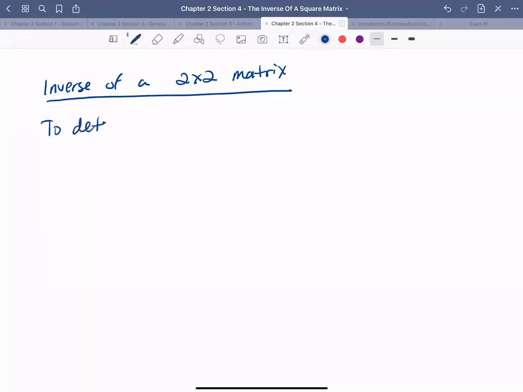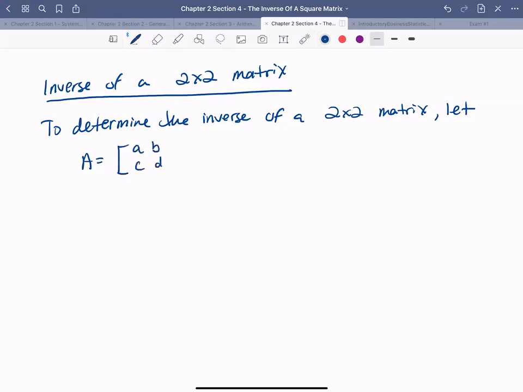To determine the inverse of a 2 by 2 matrix, let matrix A be A, B, C, D. We're going to let D equal AD minus BC, and assume that D does not equal 0.